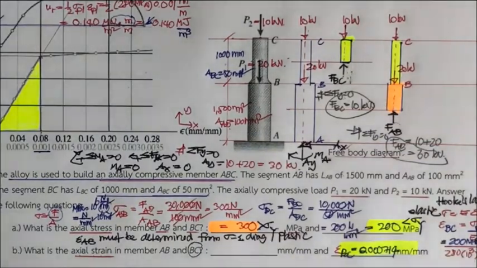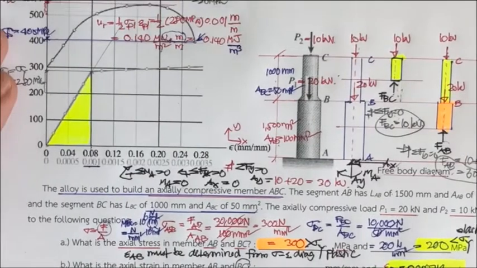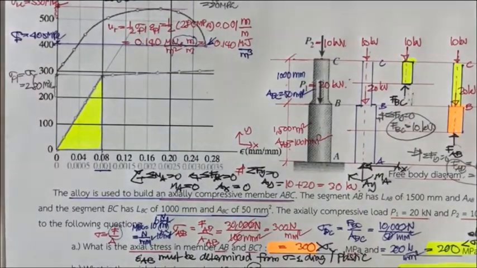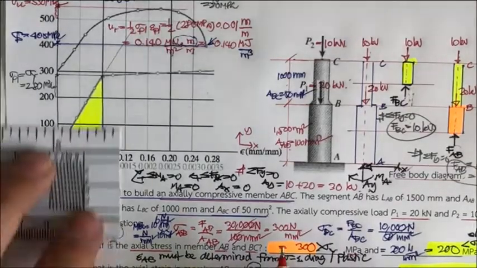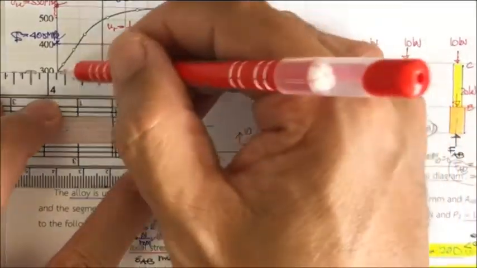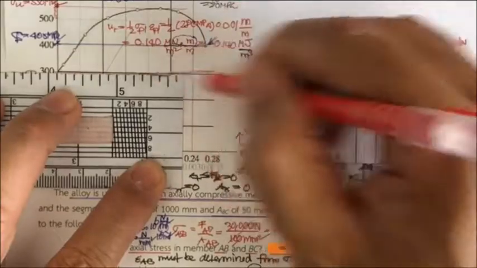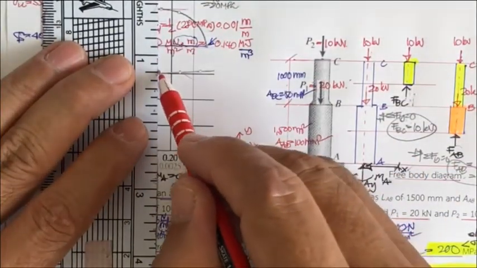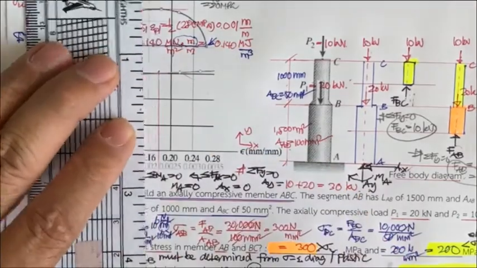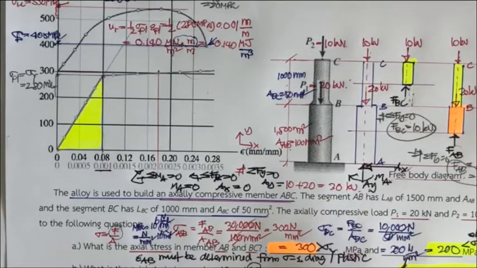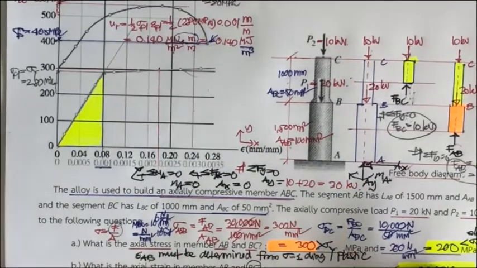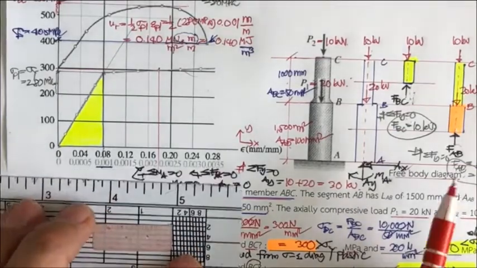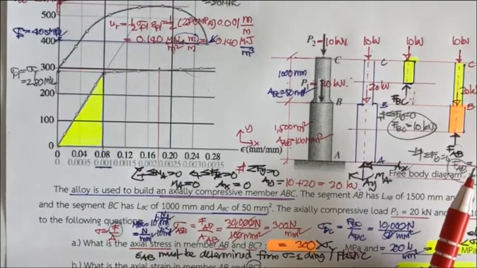Okay, if we'd like to find it from the graph, we come here, and 300 megapascal is here. So you draw this, and then you find that it's going to hit this point, and you go back down here. And then from the graph you do the same thing.